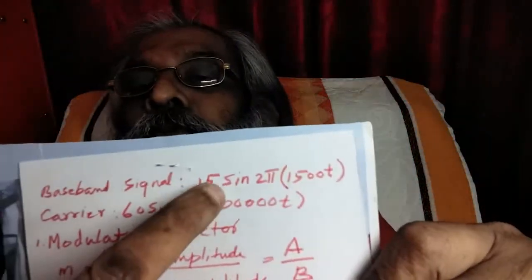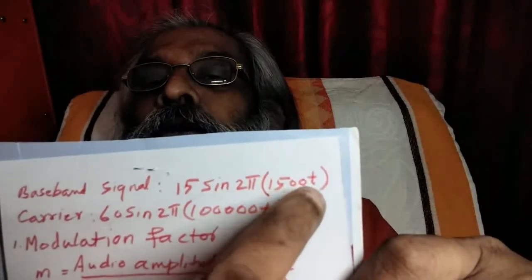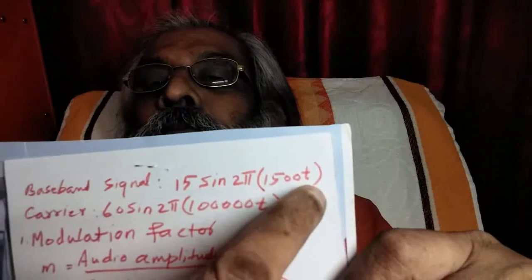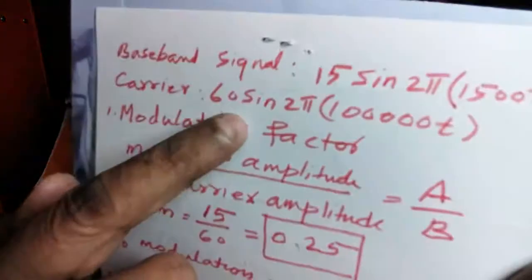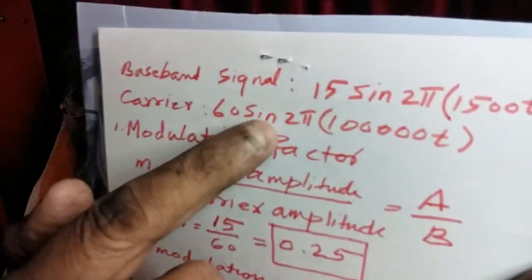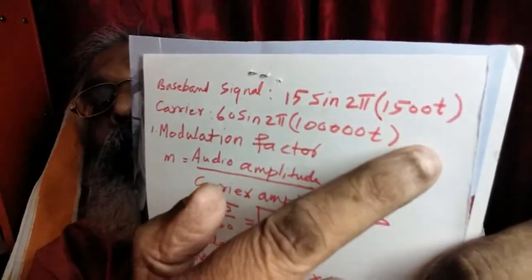The baseband signal is given to be 15 sin 2π×1500t. The carrier wave is given to be 60 sin 2π×1 lakh t.